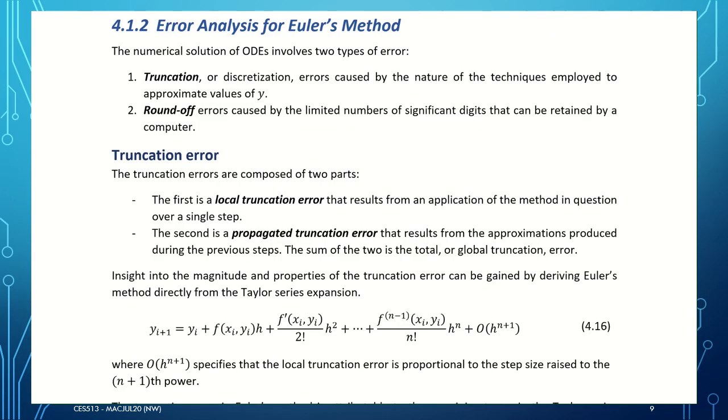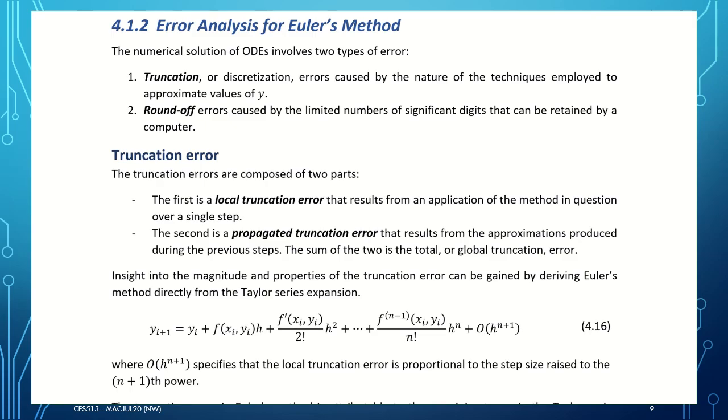Next, we look at the error analysis for Euler's method. The numerical solutions of ODEs involve two types of error. The first is the truncation error or discretization error, caused by the nature of the techniques employed to approximate values of y. The second one is the round-off error. So what is the truncation error? It is composed of two parts.